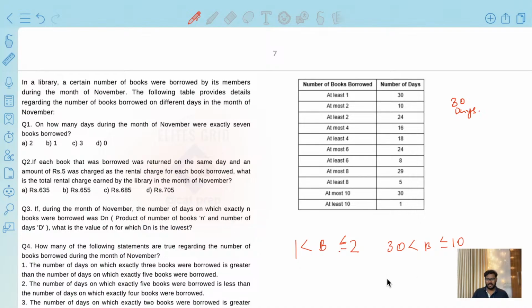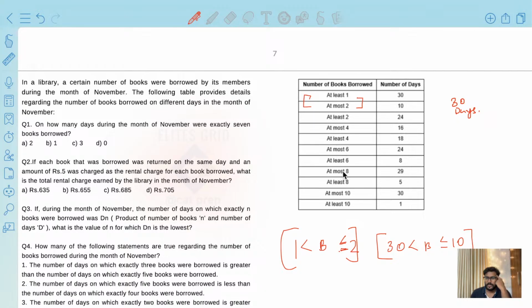Is it making any sense? I don't know. I didn't study this inequality. What is this? At least one, at most two.